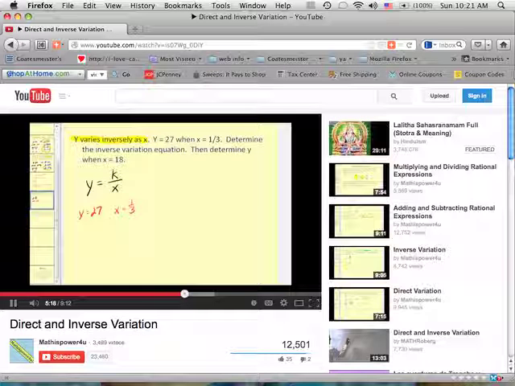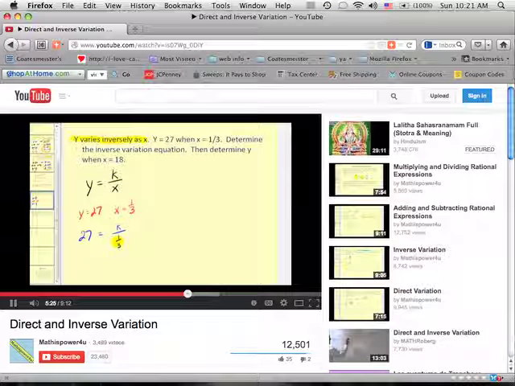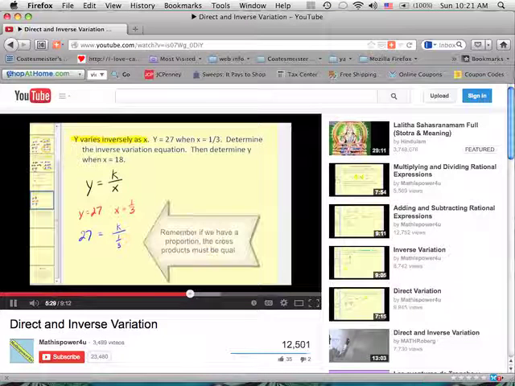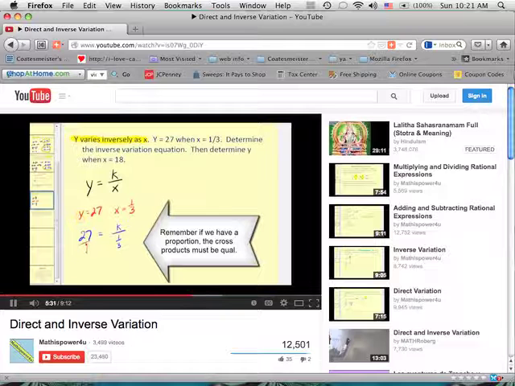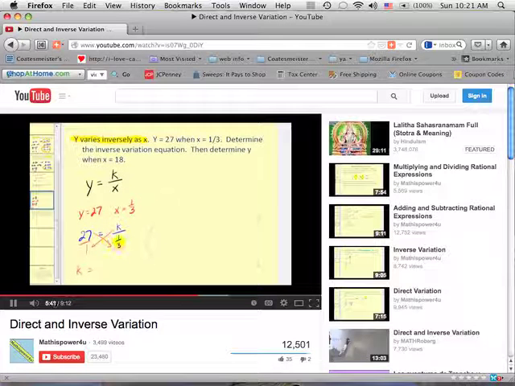So using these values in this equation, we have 27 equals k divided by 1/3. Now there's a couple ways to solve this, but if we put this 27 over 1, we have a proportion where k times 1, that will give us k, must equal 27 times 1/3. Well, multiplying by 1/3 is the same as dividing by 3, so k equals 9.